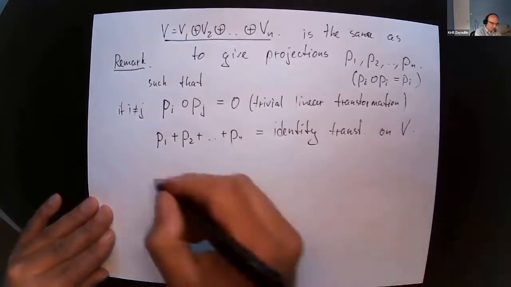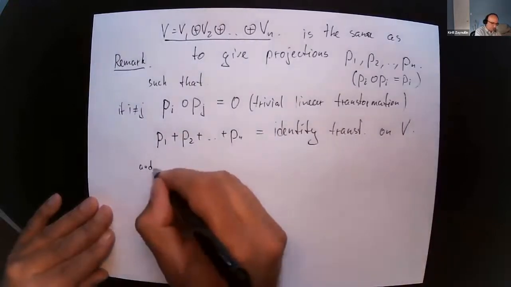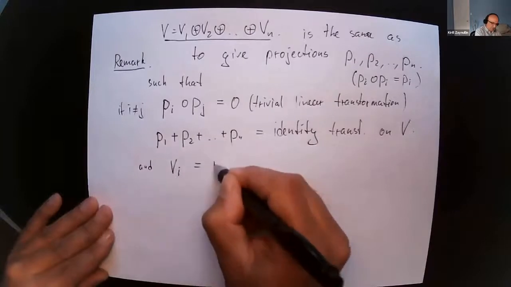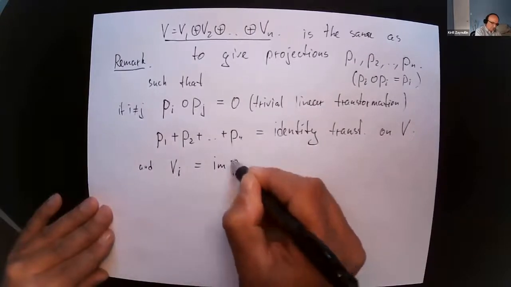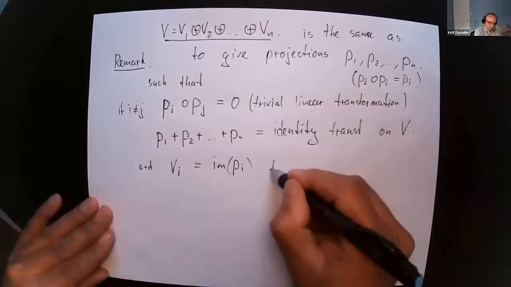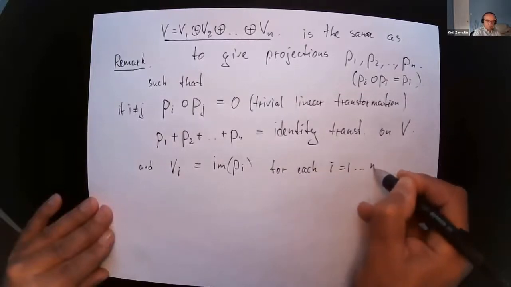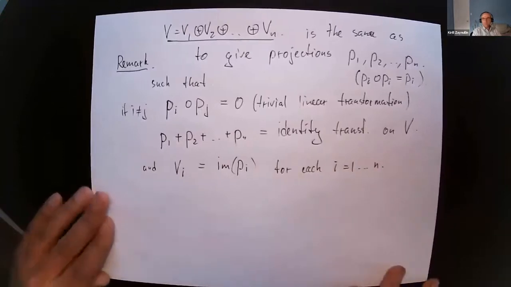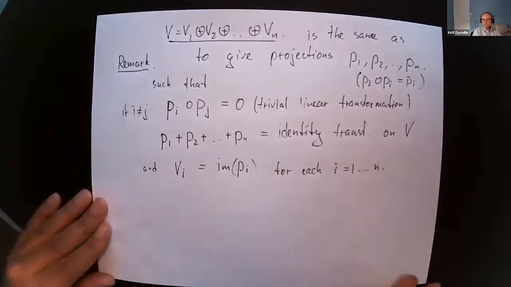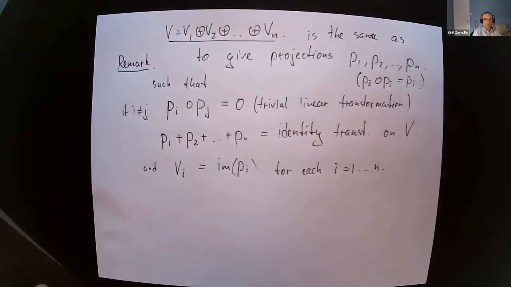And in this case, each VI will be just the image of PI, I from 1 to n. Yeah. So why is this a generalization of the previous fact? Why is this an iteration of the previous fact?